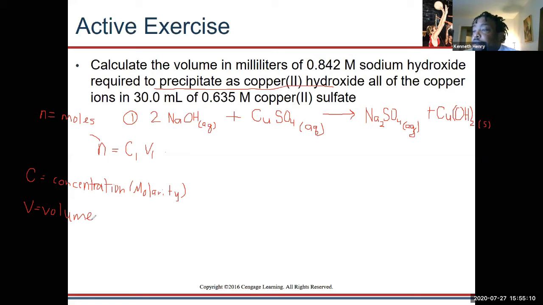Okay, so it says calculate the volume in milliliters of a 0.842 molar sodium hydroxide required to precipitate as copper hydroxide all of the copper ions in 30.0 milliliters of 0.635 molar copper sulfate.